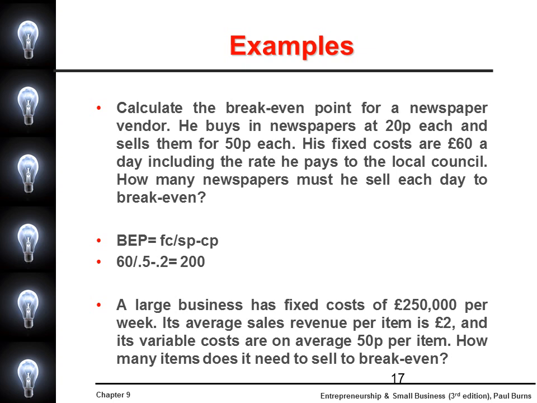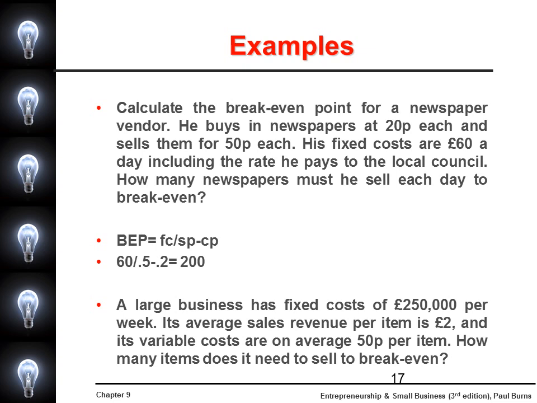So as I told you, the break-even point formula in the previous slide. By using this, you will have fixed cost. Fixed cost is 60. Here 60 divided by selling price 0.5 minus 0.2 is 200. So according to this, the answer will be 200.